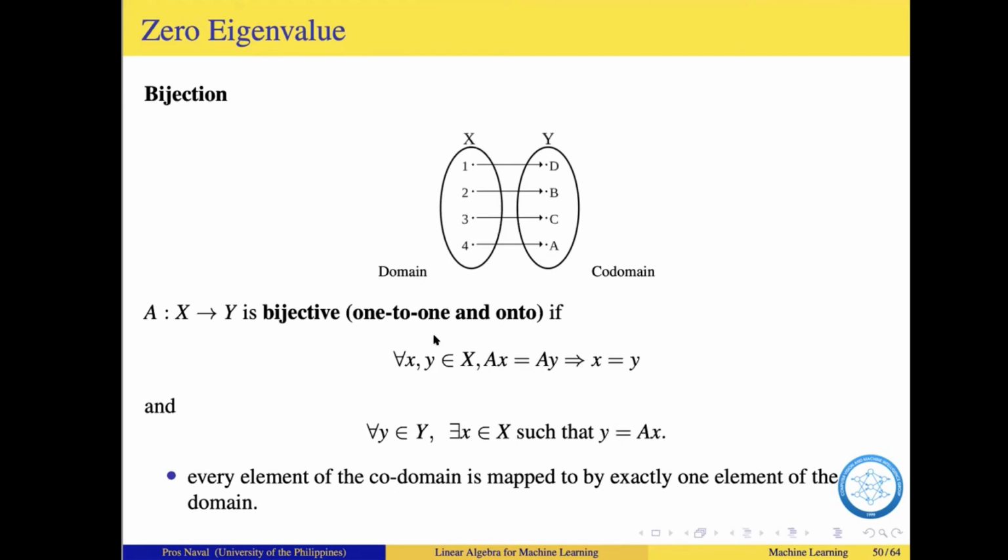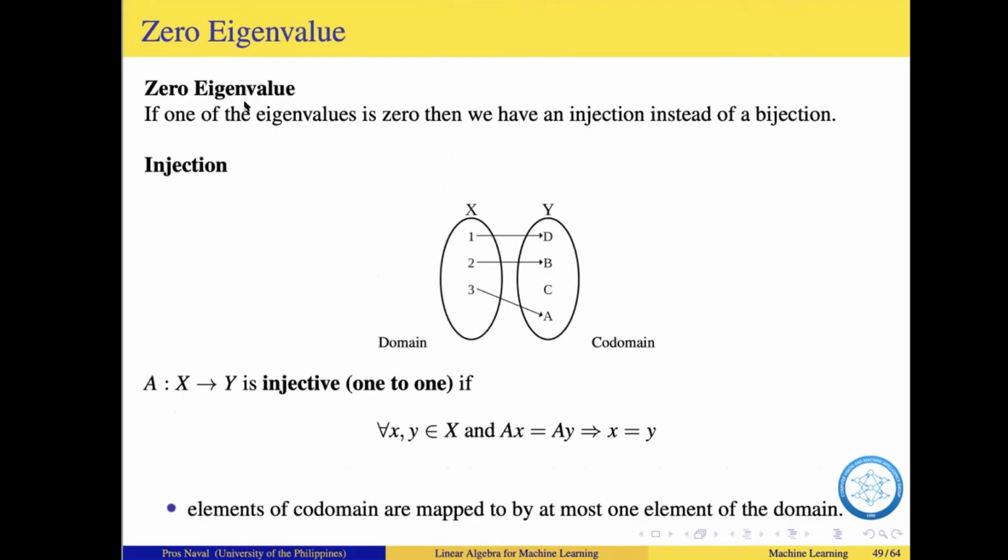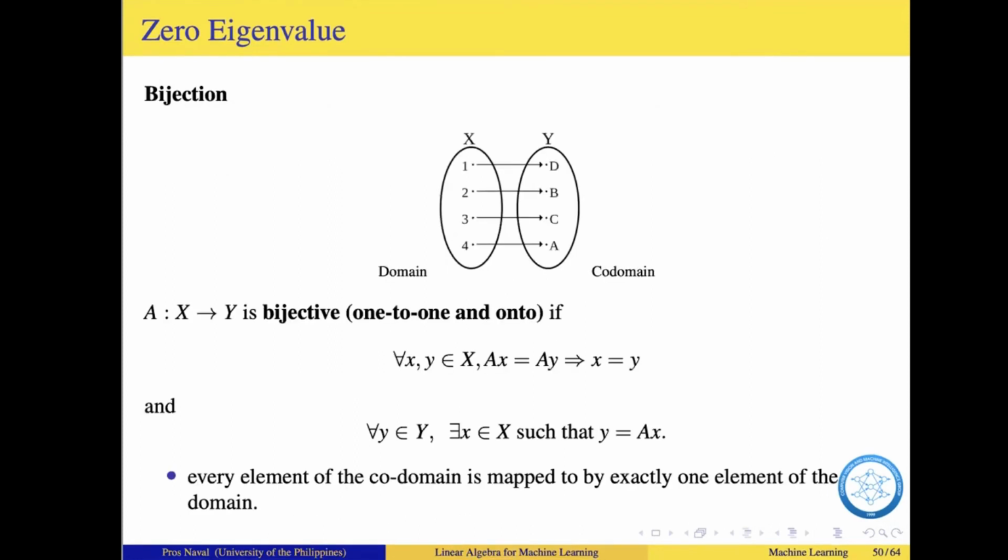That is what is meant by one-to-one and onto. This basically means that every element of the codomain is mapped to by exactly one element of the domain. So that's bijection. Again, when you have a zero eigenvalue, you have an injection. And when you have non-zero eigenvalues, you have a bijection.